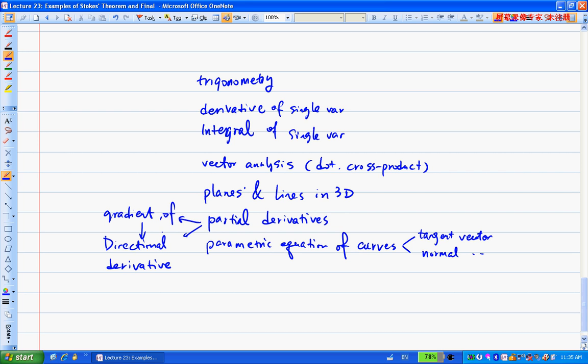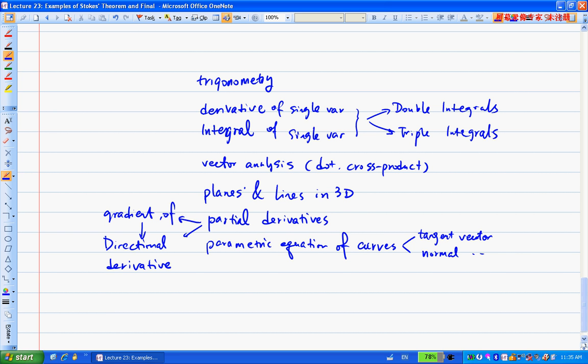Based on this, if you recall what happened next in our lecture, we started to talk about double integrals and triple integrals.